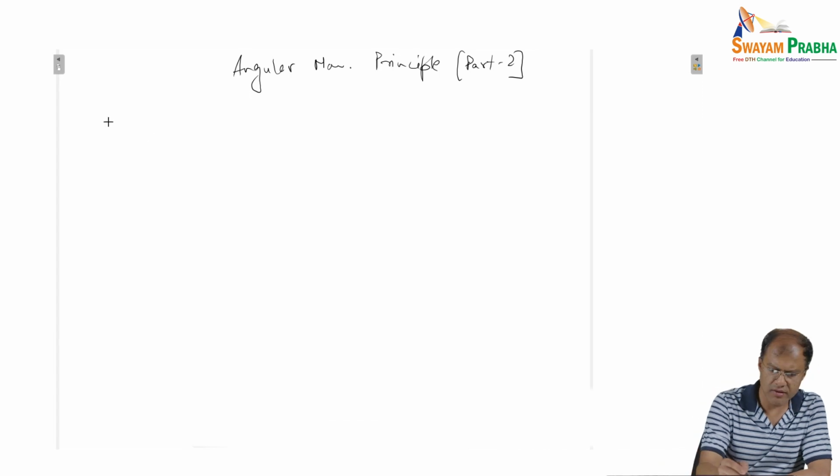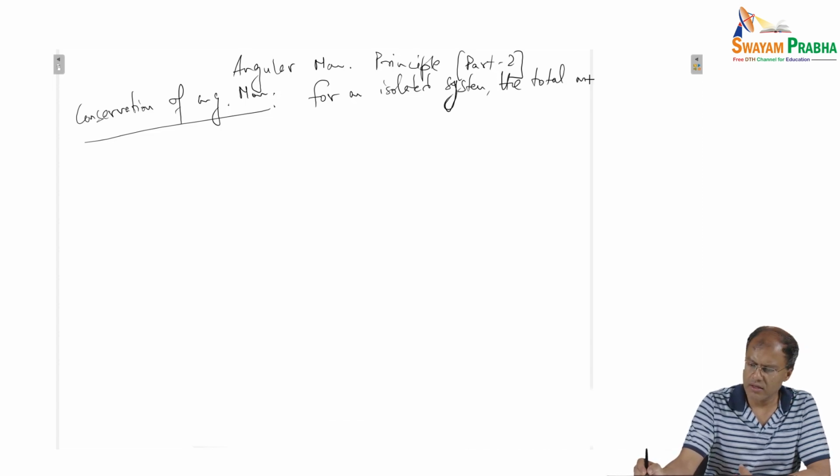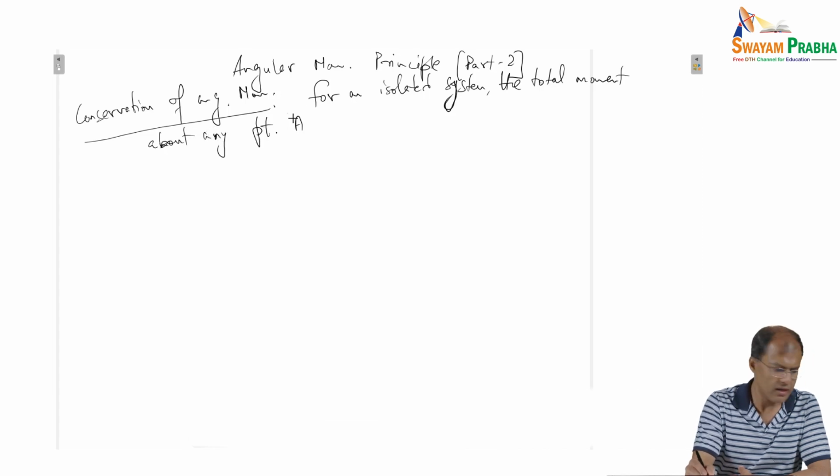Okay, so what we have is conservation of angular momentum. For an isolated system, the total moment about any point A is 0, right?